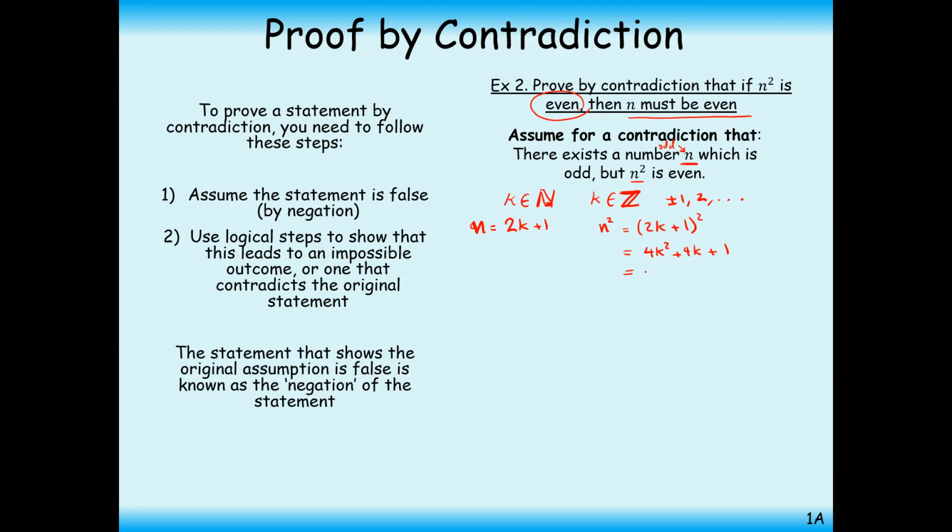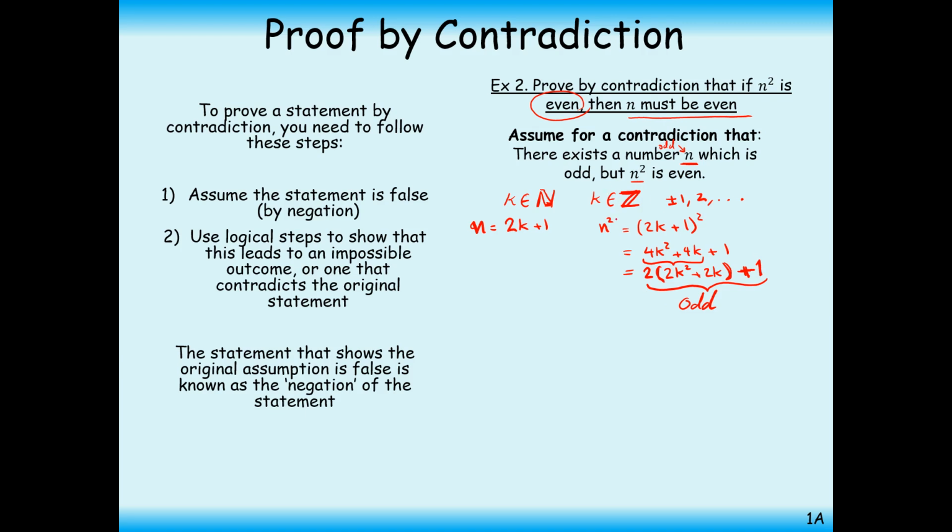Now we can factorize the 2 out of the first two terms of the expression, and we will have 2(2k squared plus 2k) plus 1. This is clearly an expression for an odd number, because we have factorized the 2 here. This is the even bit, and we added 1. So this is an expression for an odd number.